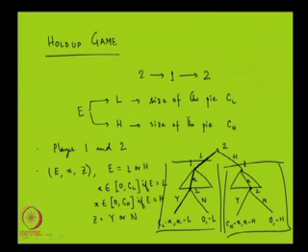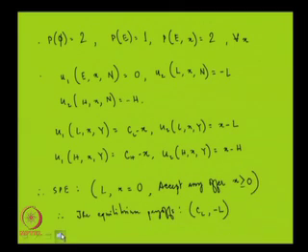So, if I put x is equal to 0, it becomes CL comma minus L. So, this is the equilibrium payoff.